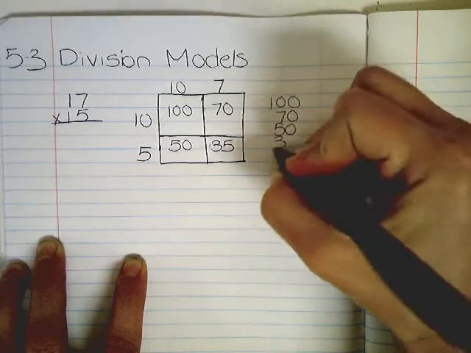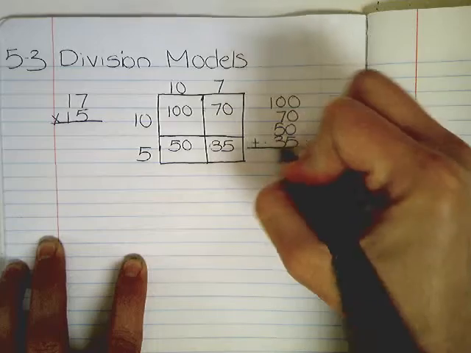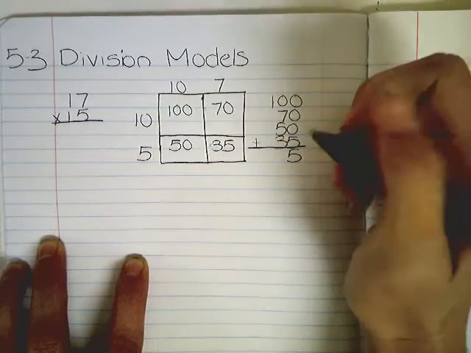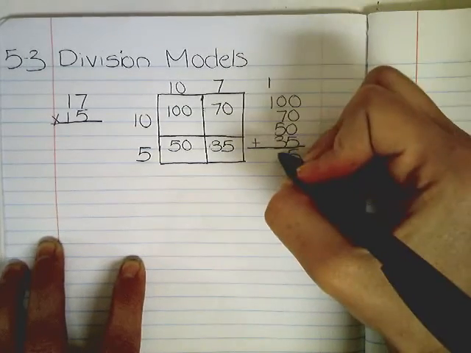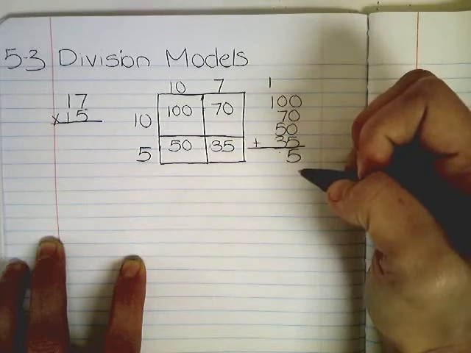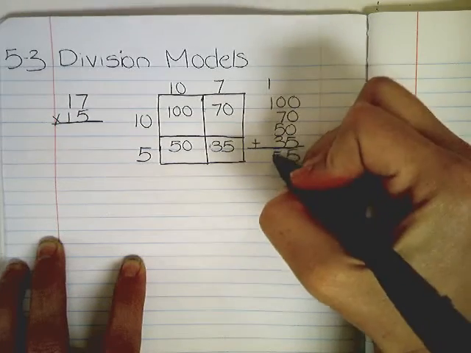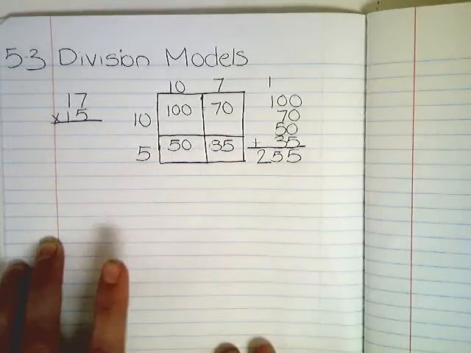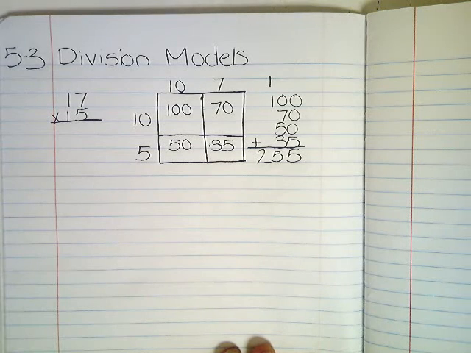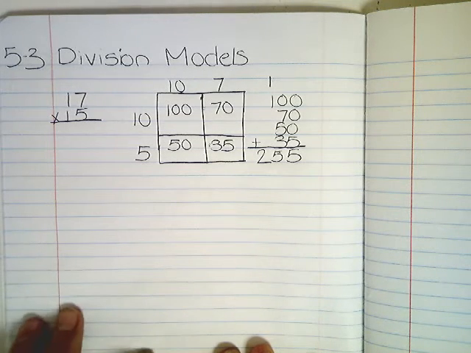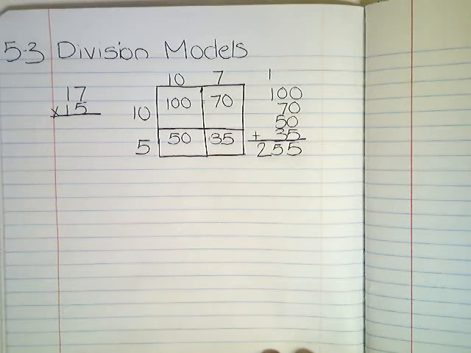I've heard a lot of you refer to this as the box method. So when we're working with division models, we're actually still using those boxes.